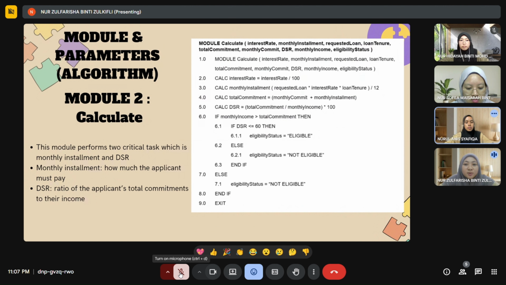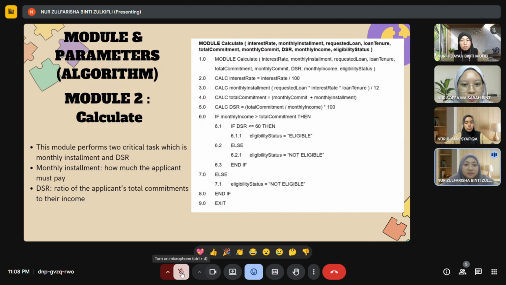In the second module, which is calculate, we will perform two critical tasks: monthly installment and debt service ratio. For the monthly installment, we will calculate how much the applicant must pay based on their interest rate and loan tenure.